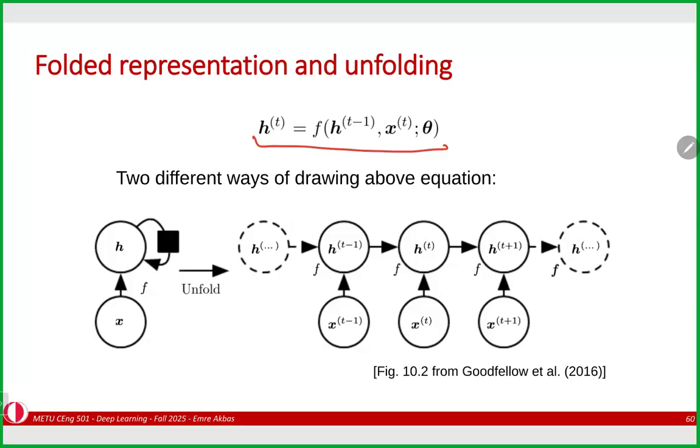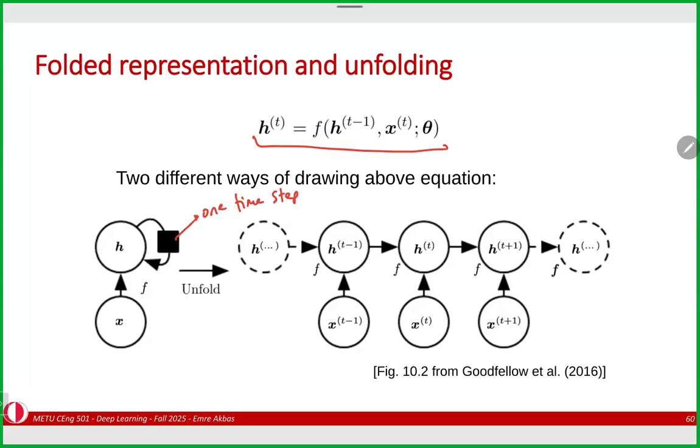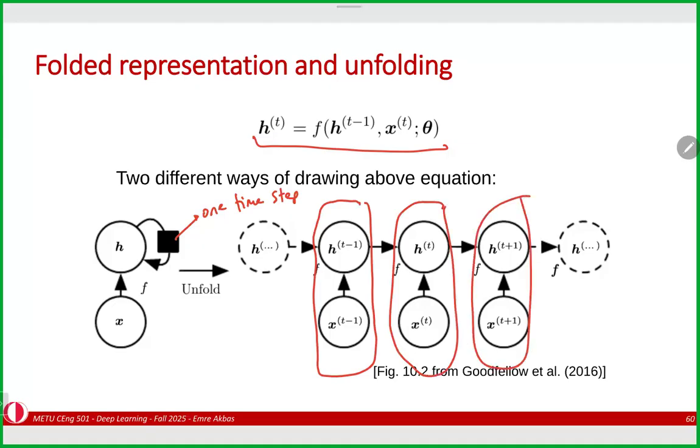So this black square represents one time step. Because in the unfolded notation, the vertical elements are at the same time. So this is t minus 1, this is t plus 1, and the horizontal flow is through time.